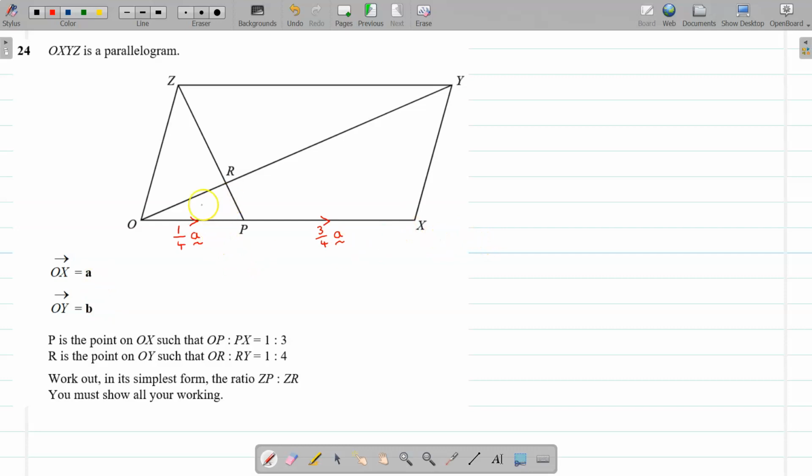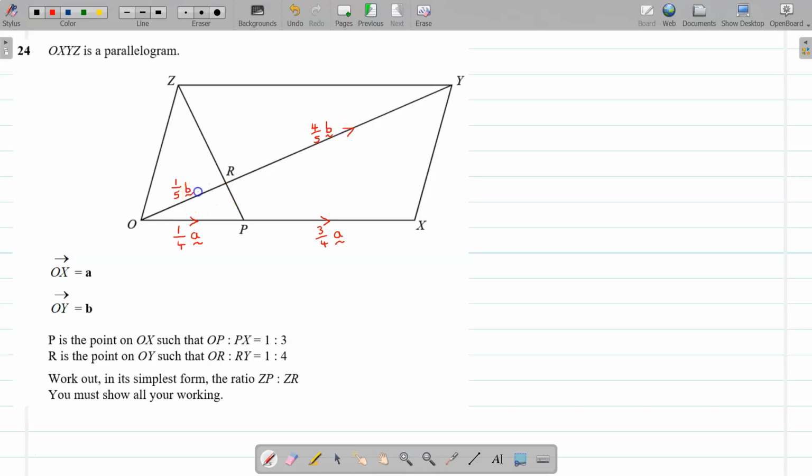Now we also know that OR to RY is in the ratio 1 to 4, and it's the vector B that's along this direction. So this vector here is 1/5 of B, and the vector up here is therefore 4/5 of B, with its little line and its arrow.